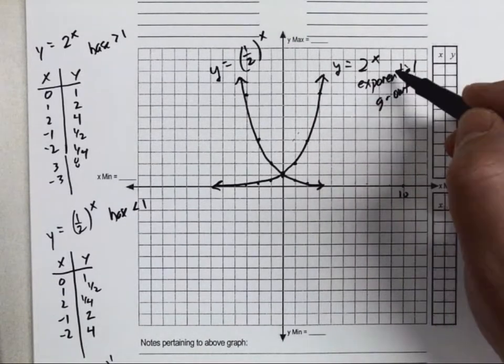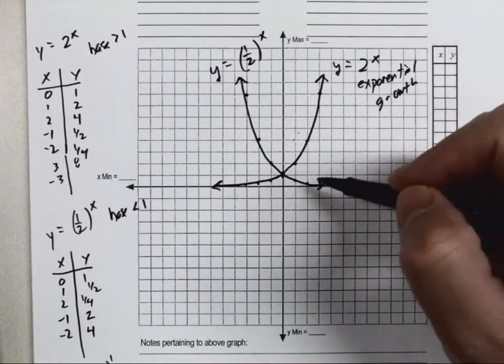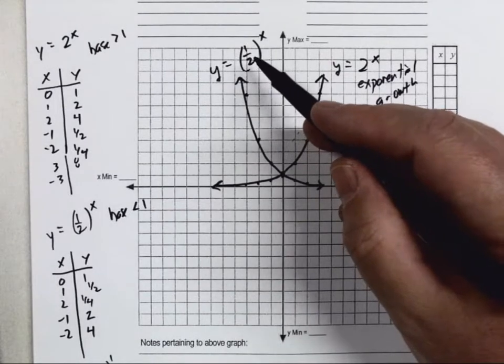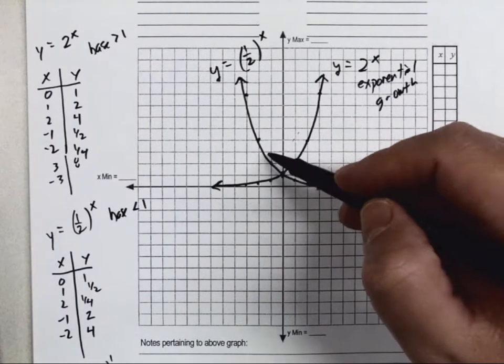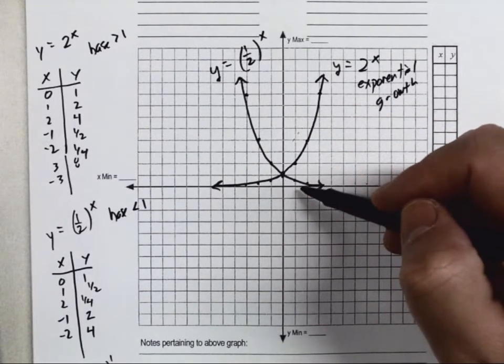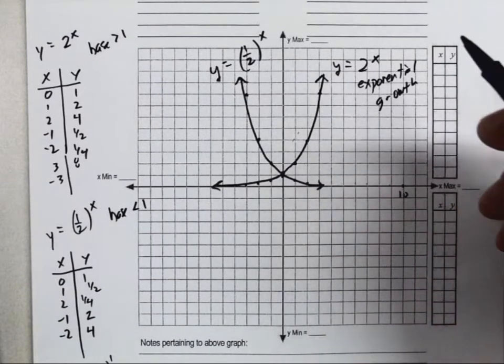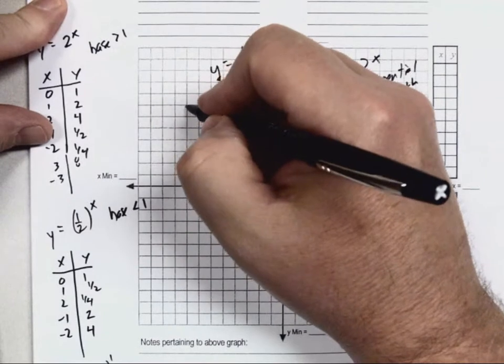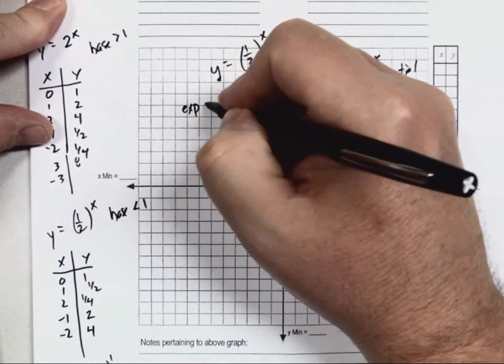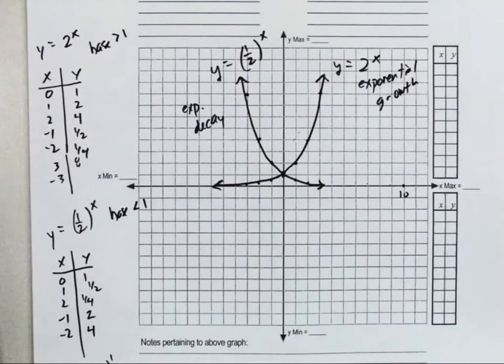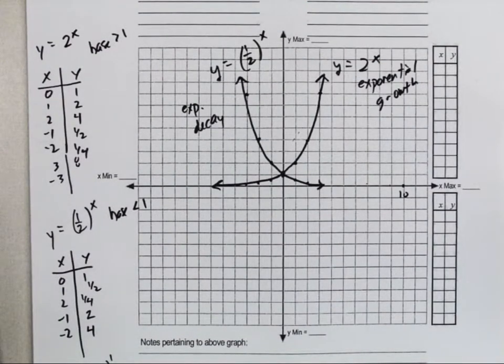It gets really big, exponential growth. But as x gets large, what happens to y equals (1/2)^x? It starts to decrease and gets smaller and smaller and gets very, very close to 0. That's why we call this exponential decay. Decay means it drops or goes down.